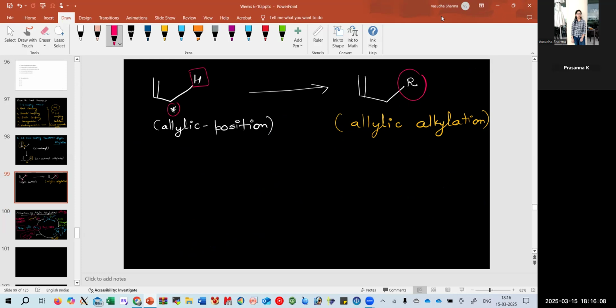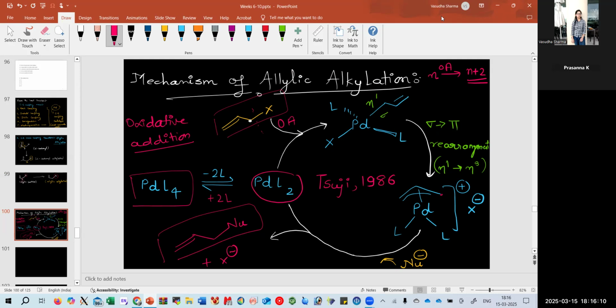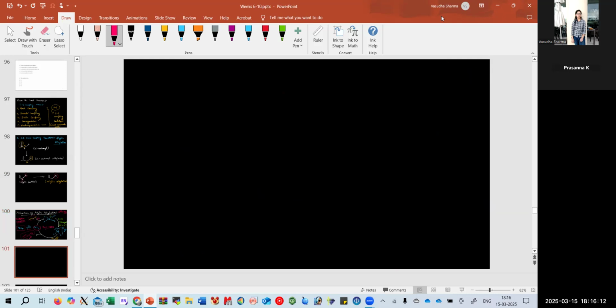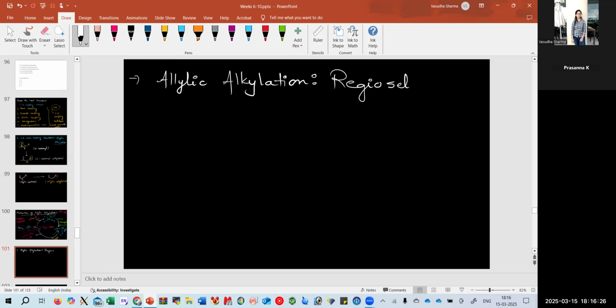So there are certain points that we need to keep in mind when we are doing an allylic alkylation. Basically, we are talking about the regioselectivity: at what position you're going to get a product, the major product.